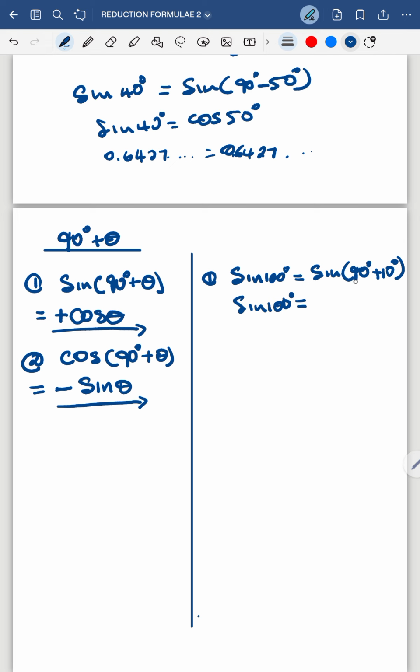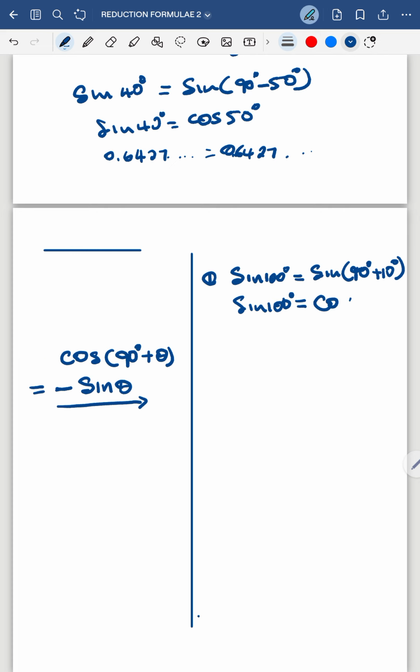So now, how is cosine in the first, in the fourth, in the second quadrant? It is positive. Then what is the cofunction? It's cosine 10 degrees. Then number 2, when we have cosine 100 degrees, then your answer there will be, when we convert it into its cofunction.